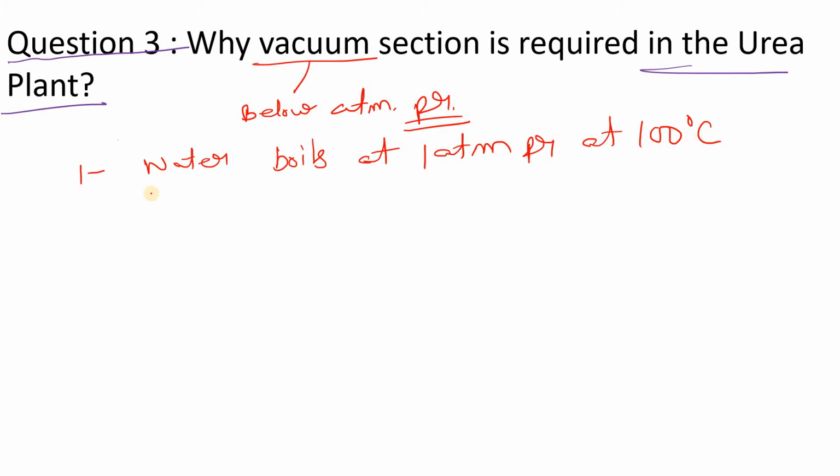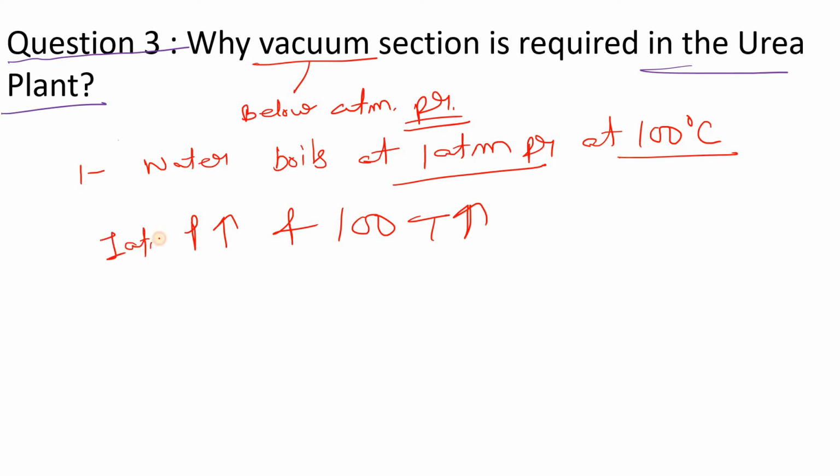Here is one thing: at 1 atmospheric pressure water boils at 100 degrees Celsius. If I increase the pressure, that temperature of 100 degrees Celsius will also increase. If the pressure is increasing, the temperature will also increase.